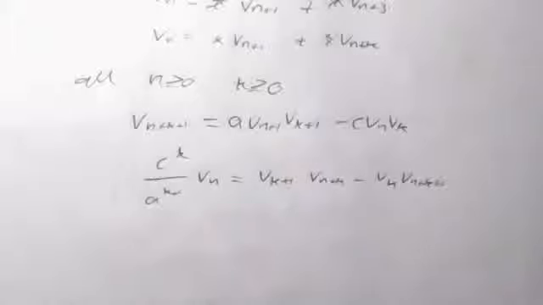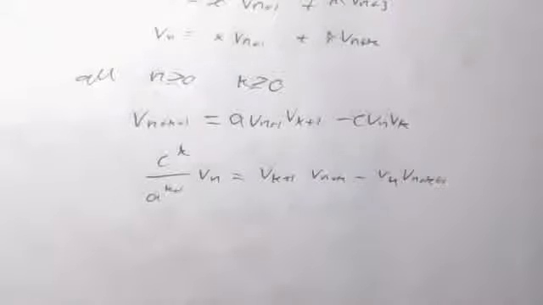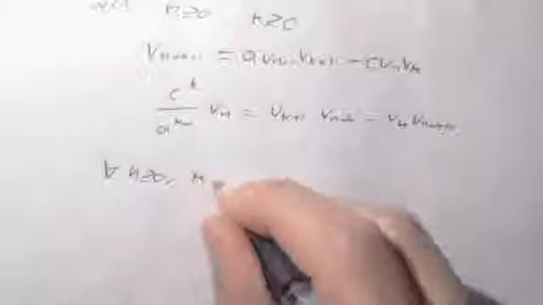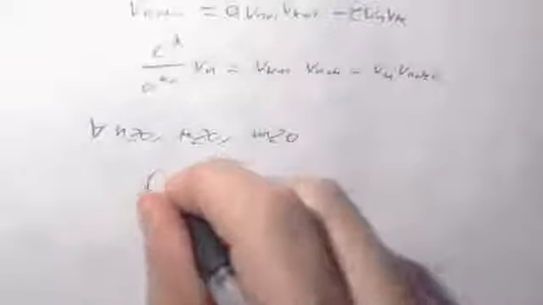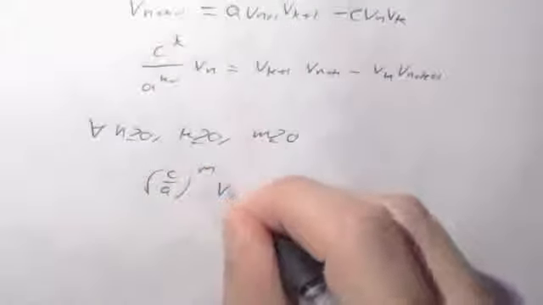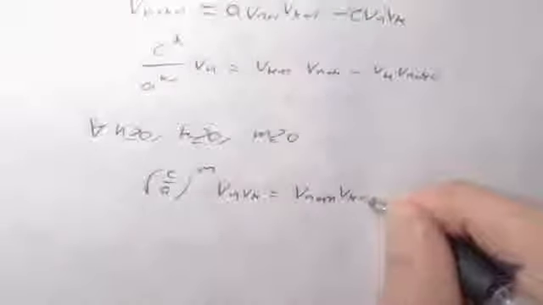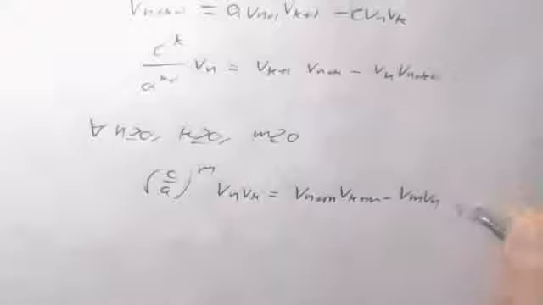Combining these two, it's possible without using induction this time, just a bit of messing around in algebra and jiggery pokery, to prove this more general result, that for all n, k and m greater than or equal to 0, c over a to the m times Vn Vk equals Vn plus m Vk plus m minus Vm Vn plus k plus m.